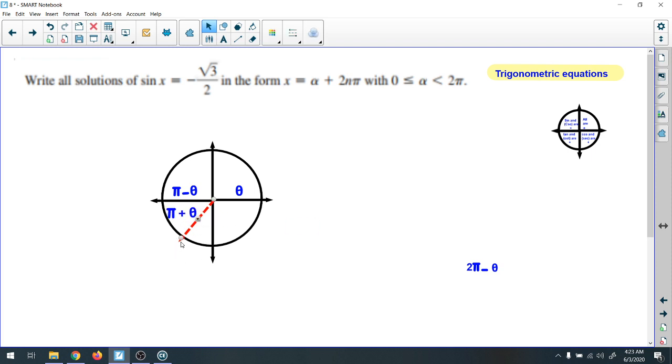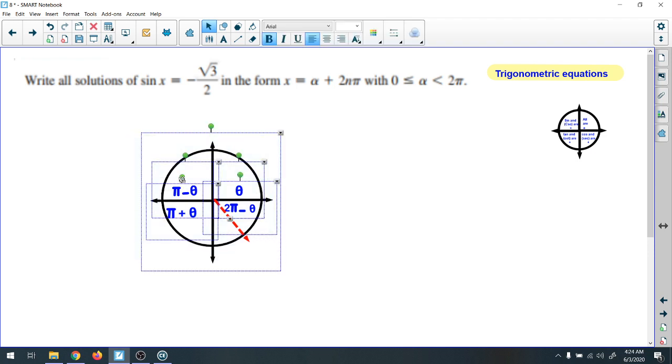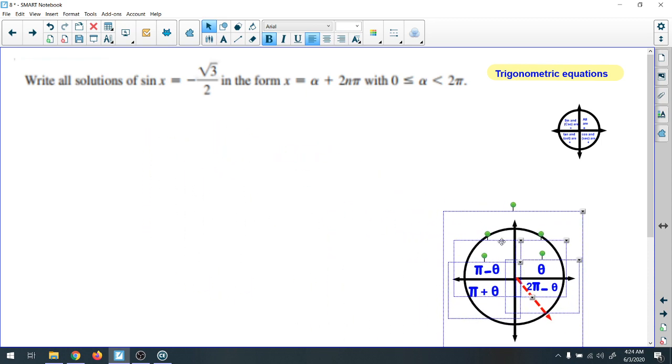When you come to the fourth quarter here, that means you spin 360, 2 pi minus theta. Again, from here, you spin around a completed circle, and then you go back, minus. So any angle in this quarter will be 2 pi minus theta. Okay, this is what I'm looking for before we go over any problem here.